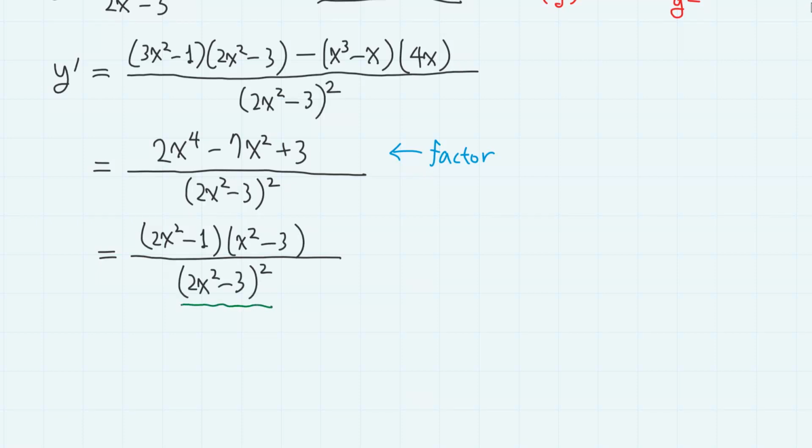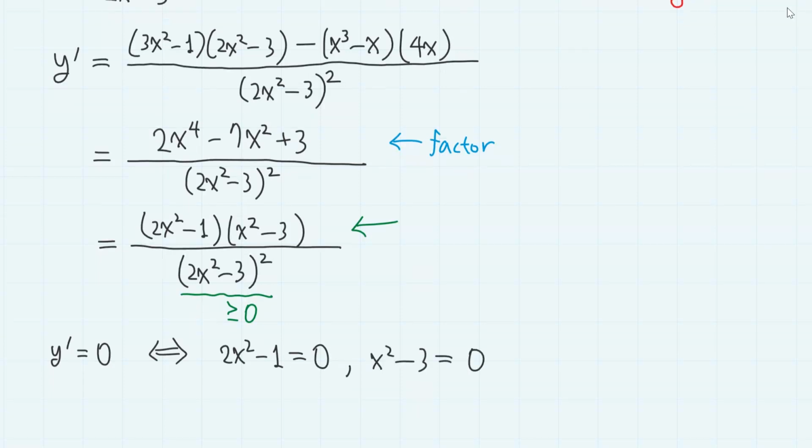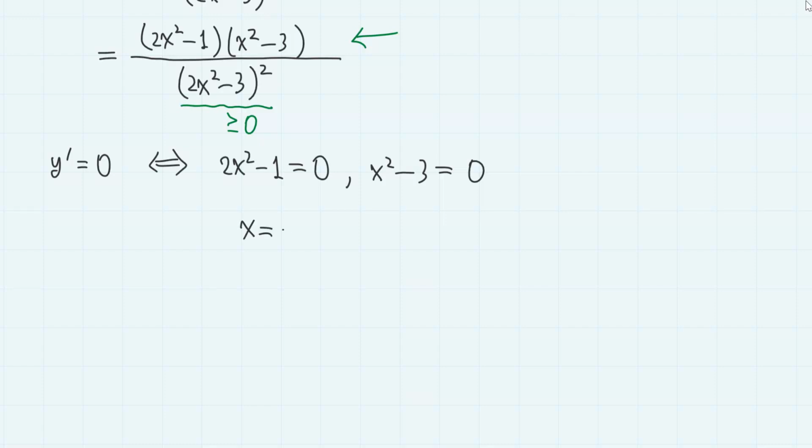As you can see, the denominator cannot be negative, so the sign of the derivative is entirely dependent on the sign of the numerator. And the derivative becomes 0 when 2x squared minus 1 equals 0, or x squared minus 3 equals 0, which gives x values of plus minus square root of 2 over 2 and plus minus square root of 3.